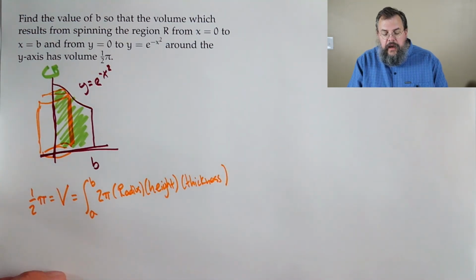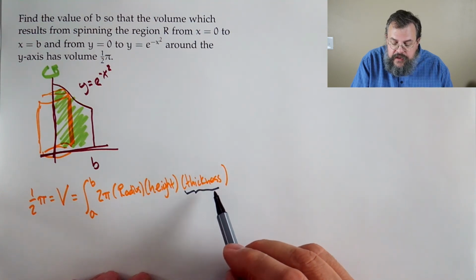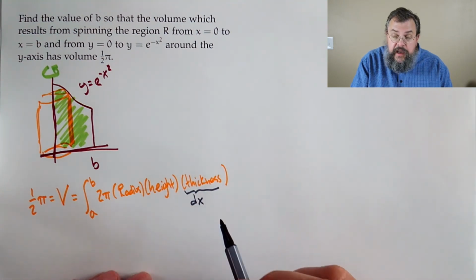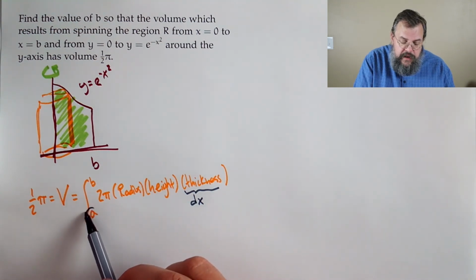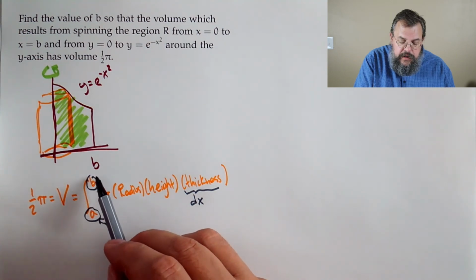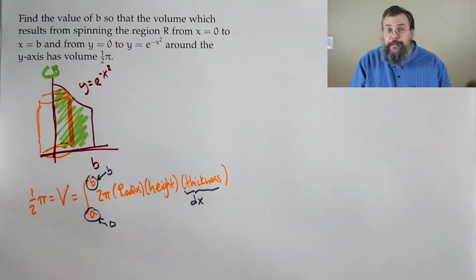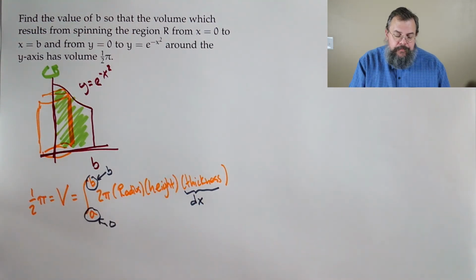Now, some of these pieces are pretty easy to figure out. For instance, our thickness, that's pretty much given to us because we know how we're slicing. That's going to be our dx, which also tells us about what our bound should be. So we're going to start at 0, and we're going to go to b. We don't know what b is yet.